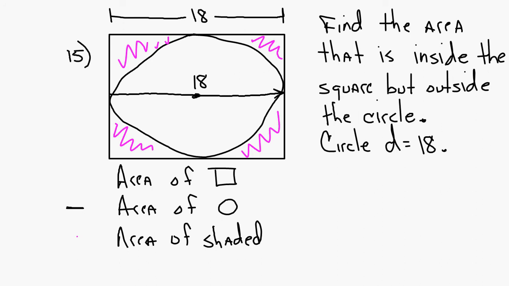So your area of your square is going to be equal to one of the sides, which is 18, squared. The area of the circle is going to be pi times the radius. If the diameter is 18, what's the radius? 9. Okay, area of a circle, that's pi times radius squared, so 9 squared.